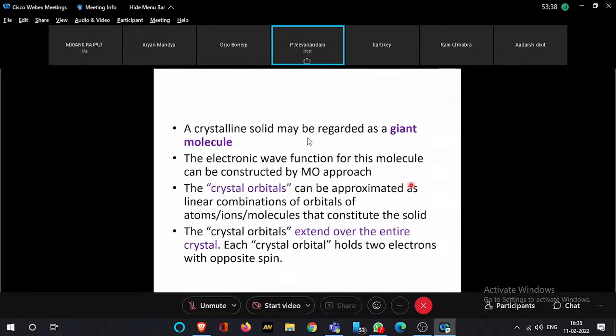The idea is that the atomic orbitals of atoms linearly combine to produce crystal orbitals if your molecule is a giant molecule. And the crystal orbitals extend over the entire crystal. And each crystal orbital can hold 2 electrons of opposite spin.